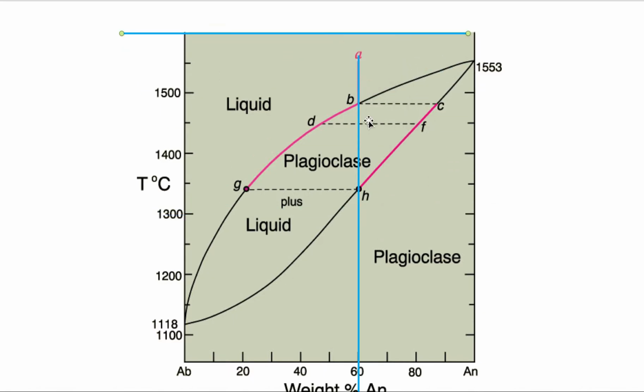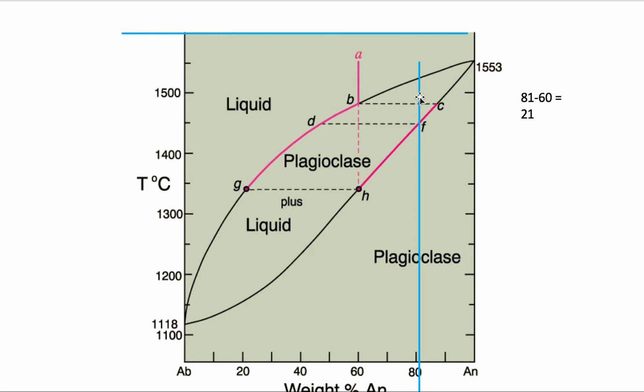So what is the length of A to F? Well, A is at 60, F is at about 81. So for the composition, that difference is 81 minus 60, and that is equal to 21.